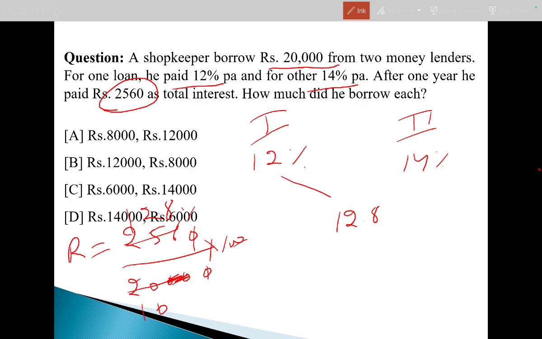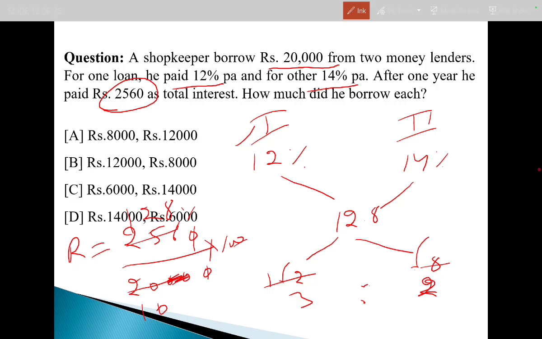So in the allegation, we take the difference of these two, that is 0.8. We take the difference of these two, that will be 1.2. Now we figure out the ratio of these two values. Dividing by 0.4, it's 3 and 2, which means the total ratio he has borrowed is 5. 3 ratio he borrowed at the rate of 12% per annum, and 2 ratio of the principal he borrowed at the rate of 14% per annum.